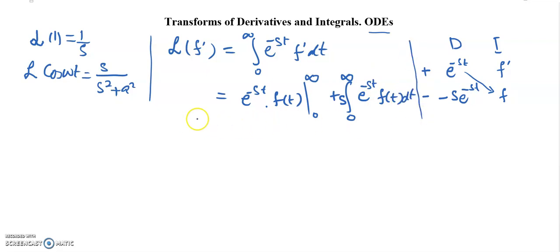Now we can simplify it by considering that the infinity term will make this function 0, because e to the power minus infinity is 0.